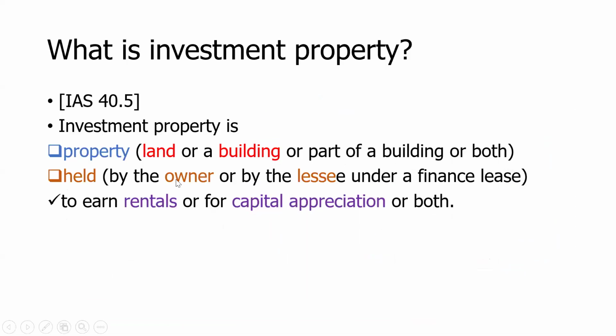What is investment property? According to section 5 of the standard, investment property is land or a building, or part of a building, or both, that is held by the owner of that land or building, or by a lessee under a finance lease, to earn rentals or for capital appreciation.